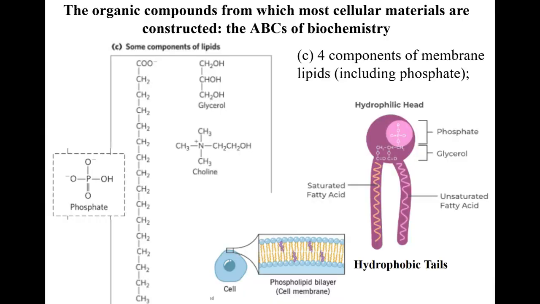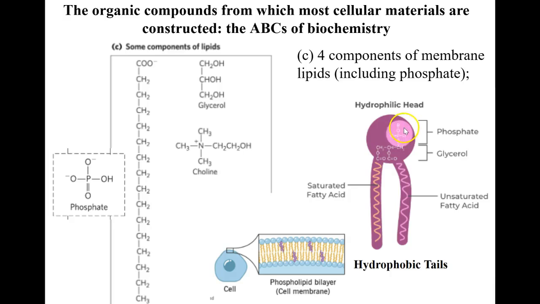And then the other component is lipids. One of the examples of lipids found in the cell membrane is the phospholipid. Here is an example, where you have the hydrophilic head, which has affinity to water.